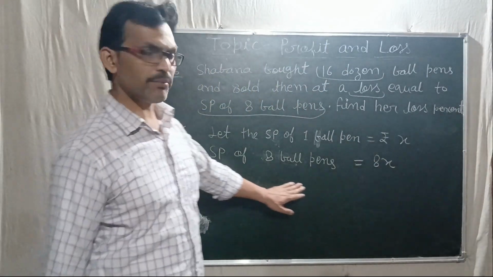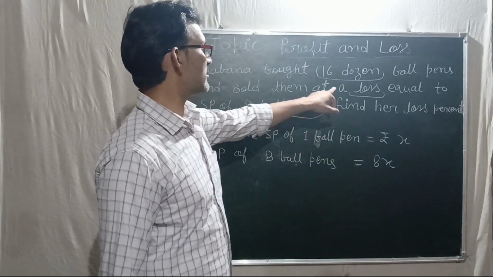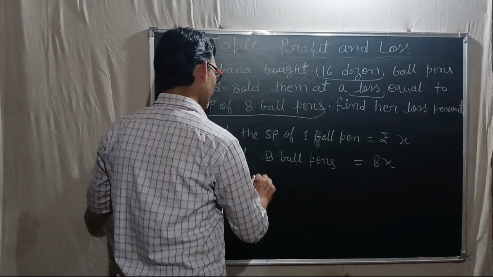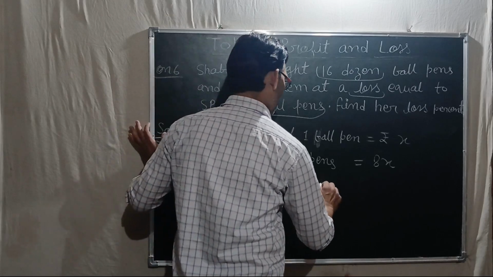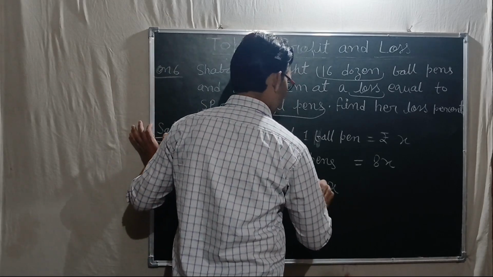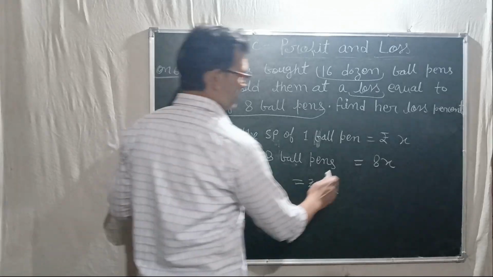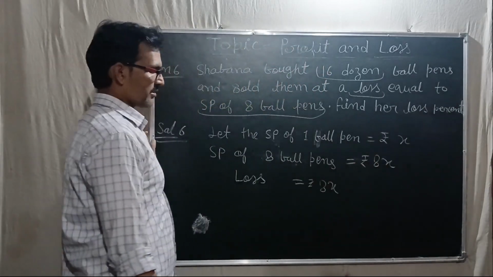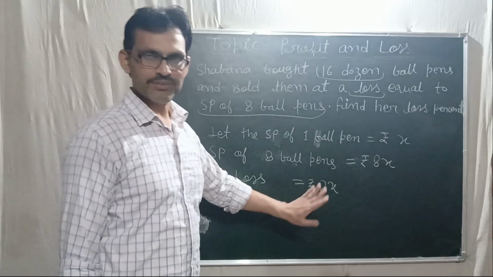This is the SP of 8 ball pens, and this is the total loss. So the loss is rupees 8x. You can write rupees, or if you don't want to, there is no need to write rupees. Rupees 8x is the loss.